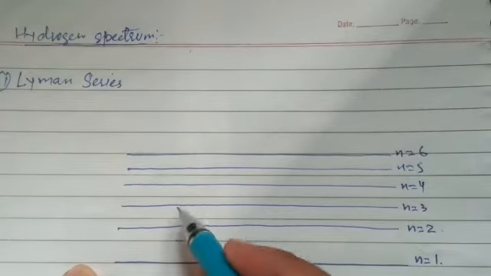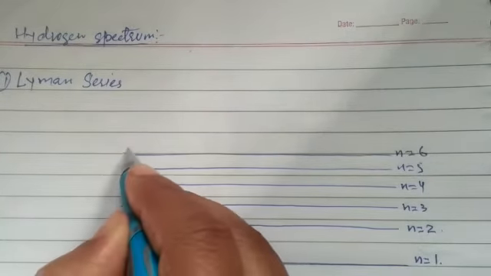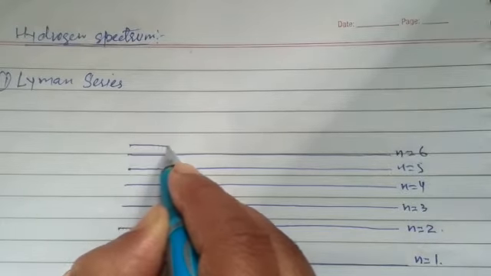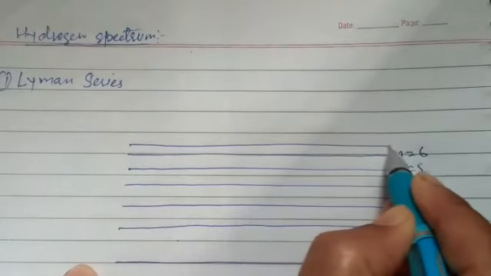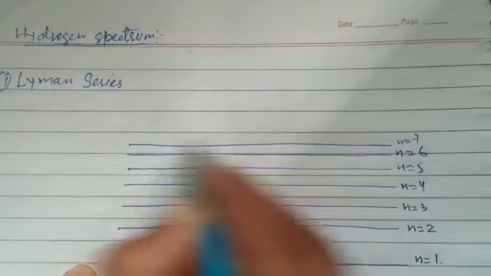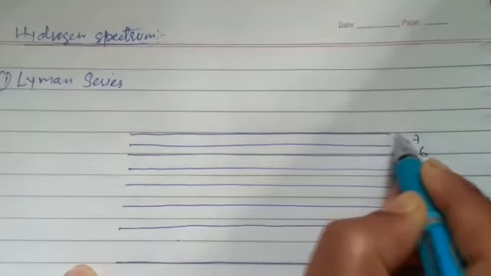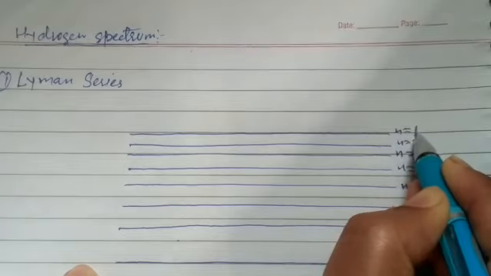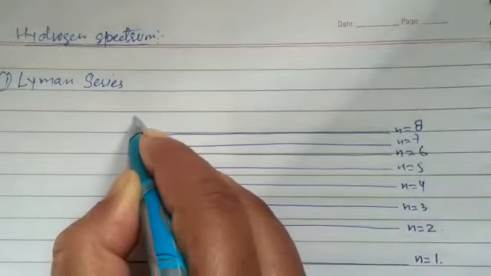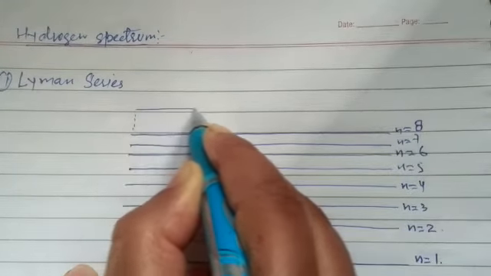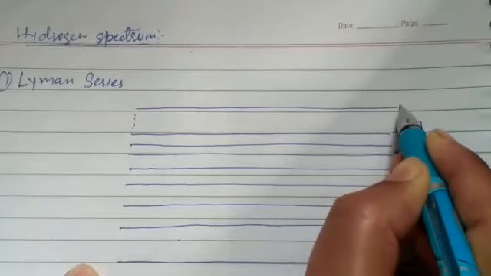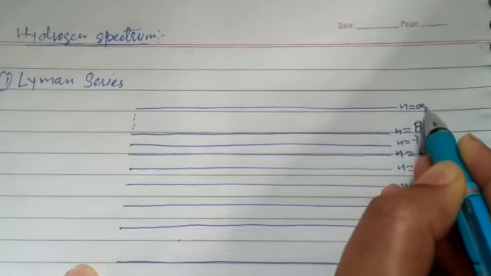As we are approaching higher and higher, the levels get closer and closer. n is equal to 7, n is equal to 8, and so on. I will put simply n is equal to infinity.